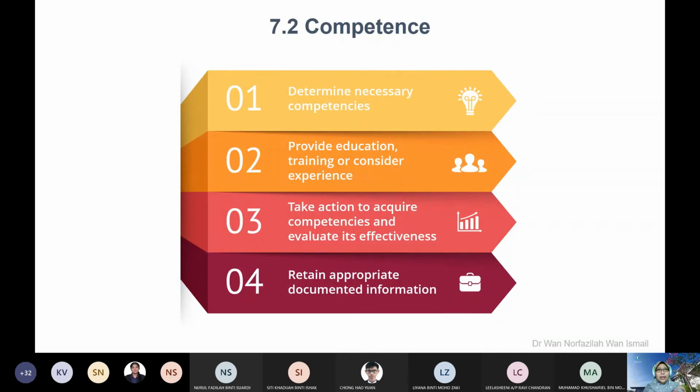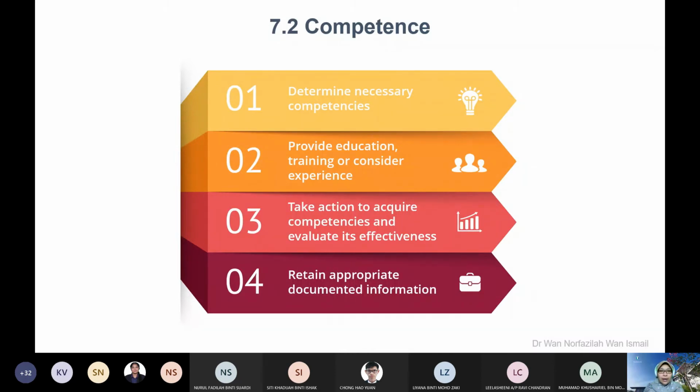So that knowledge is considered as necessary competencies. Okay, kalau you hire someone from architecture for a biological lab, how to get the necessary competencies for your lab? So that is what does it mean by determine necessary competencies so that you hire a competent person. Okay, second, provide education, training or consider experience.